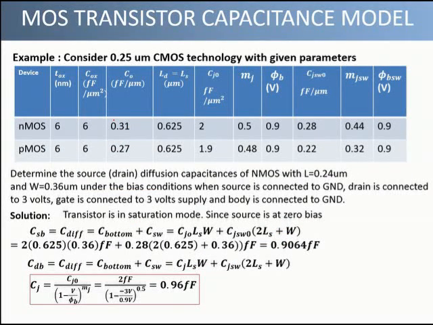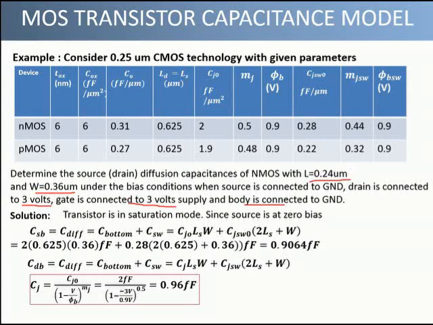In this second example, we are given the same technological parameters, but our goal is to compute the source and drain diffusion capacitance of the NMOS with the same length and width. However, this is under a constant bias condition, where the source is connected to the ground, the body is also connected to the ground, whereas the drain is connected to 3 volt and the gate is connected to a 3 volt supply voltage.